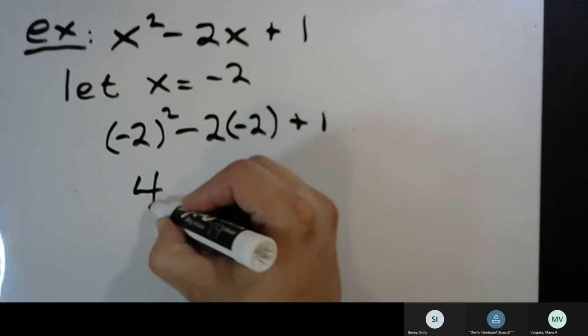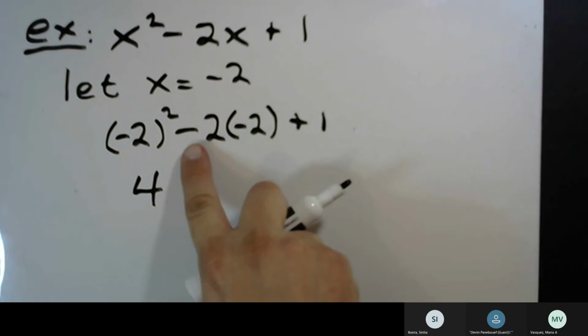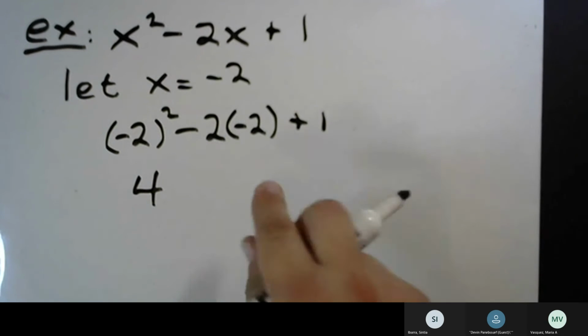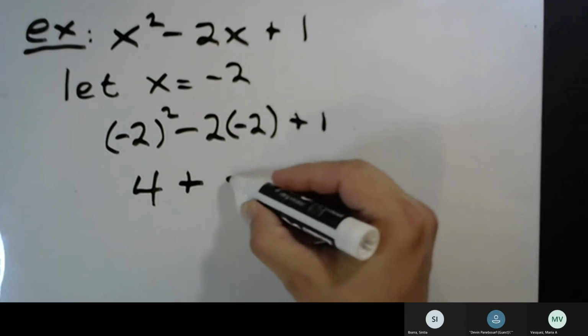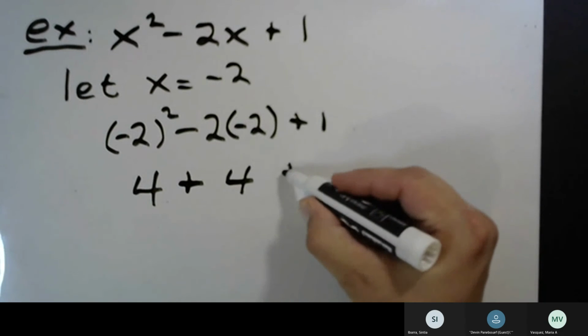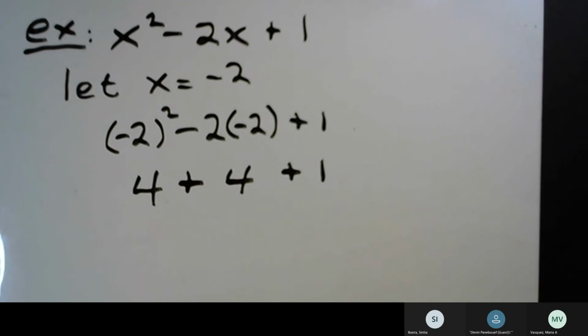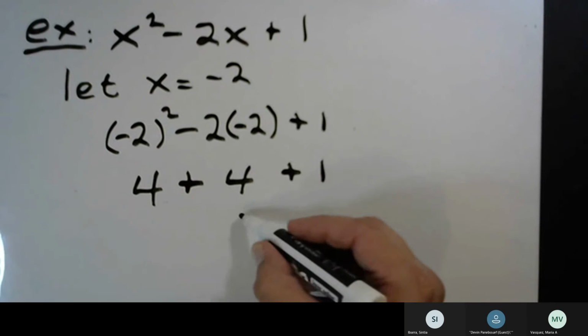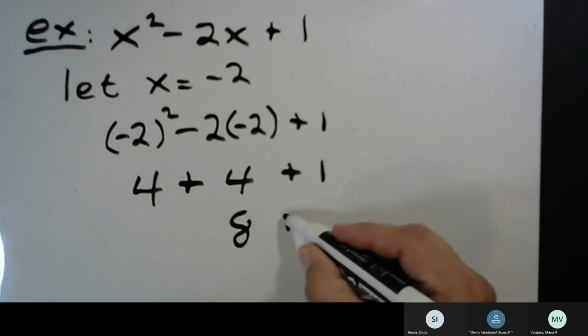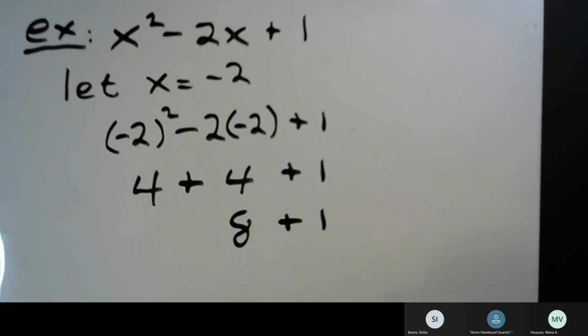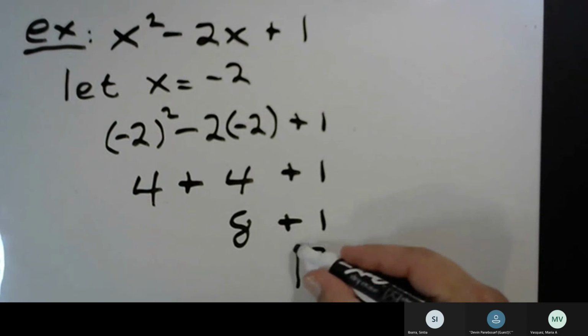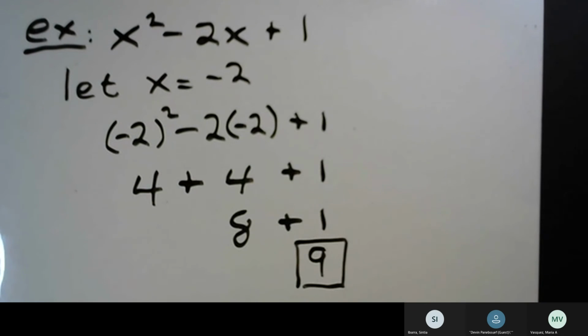Negative times negative is positive. Then we have a -2 or a -2 times a -2. That's again a positive 4. And we add 1. And again, PEMDAS says go left to right. So 4 plus 4 is 8. And then 8 plus 1 is 9. Questions about that?